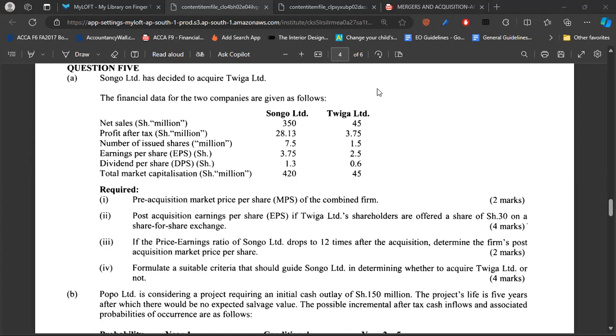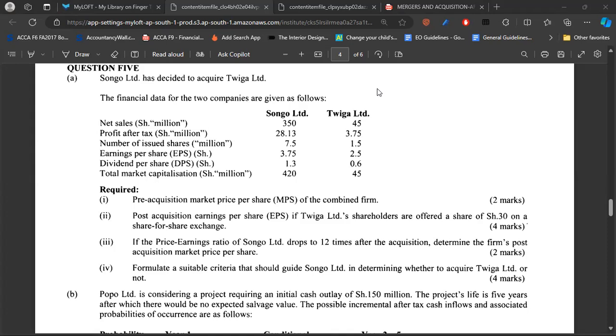Net sales, profit after tax, number of issued shares, earning per share, dividend per share, total market capitalization. Required: pre-acquisition market price per share (MPS) of the combined firm; post-acquisition earning per share if Twiga Ltd shareholders are to offer a share of shilling 30 on a share for share exchange.